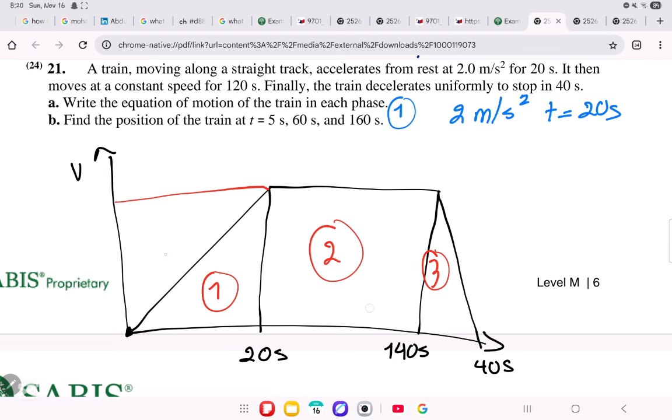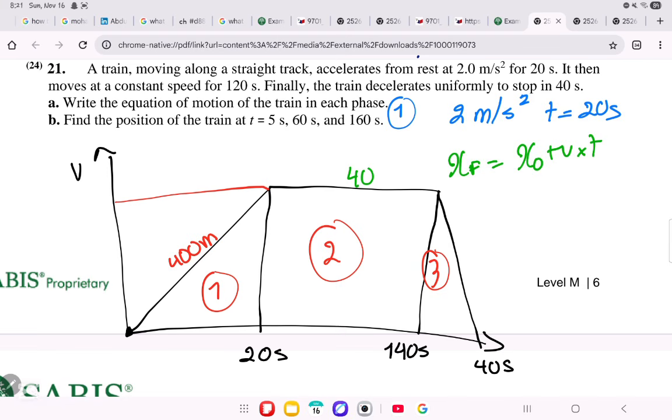Okay, for the second phase, it's 120 seconds. And the velocity is 40 meters per second because we found it, right? So what would be the equation of motion? Because it's uniform rectilinear motion, it's a constant velocity. We can use x final equals x initial plus velocity times time. My x final is what we are looking for, right?